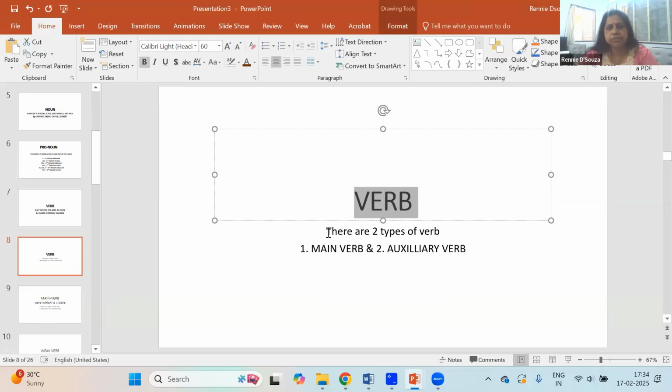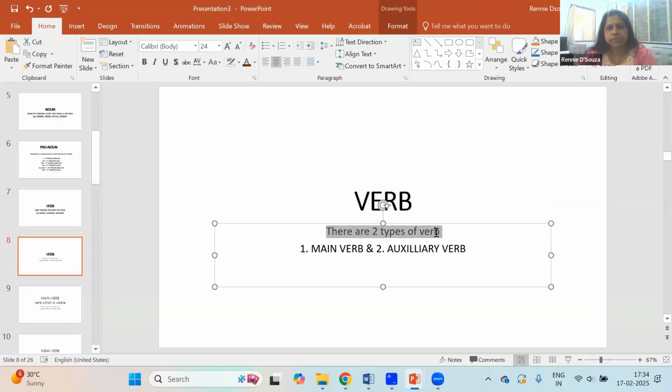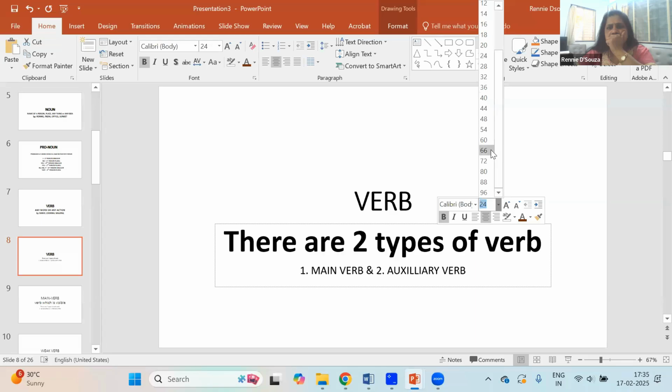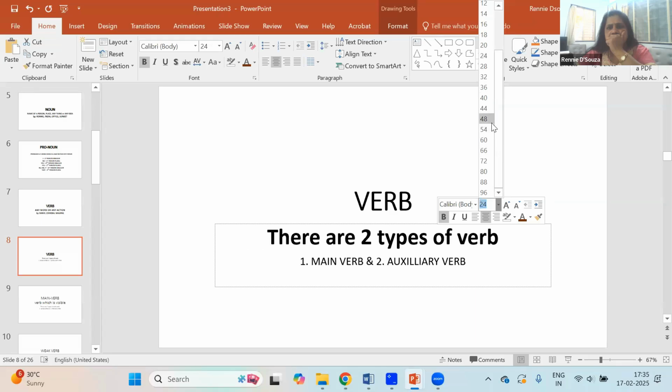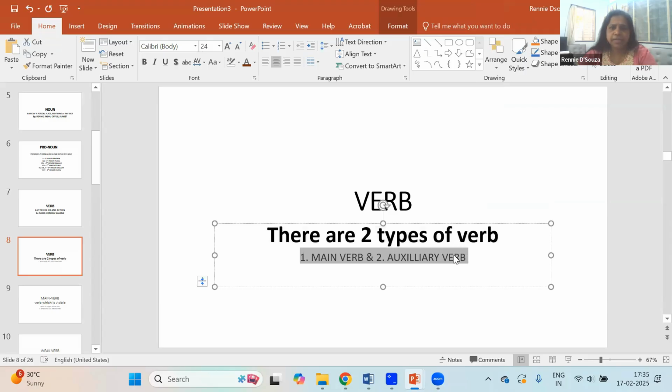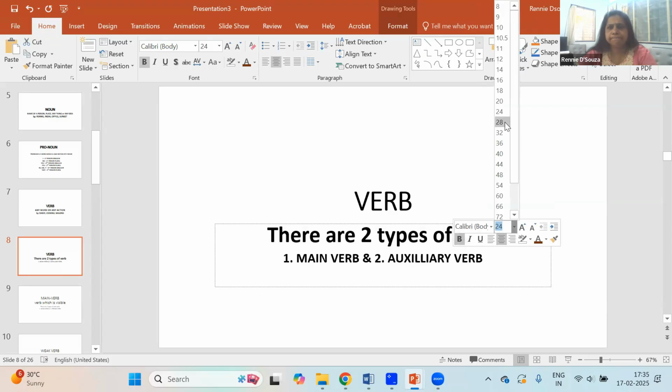So we have also seen that in verb there are two types. They are called, first one is main verb and second one is auxiliary verb. And again we have seen what is main verb and what is auxiliary verb.